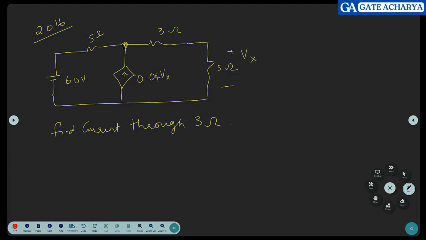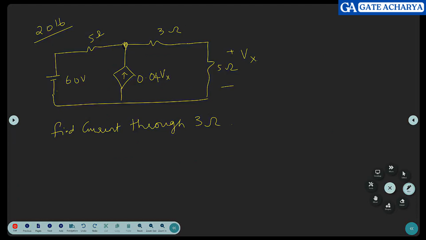Node 1, V1, like that you can give a name. How will you write? What is the equation? V1 minus 60 divided by 5 plus... is it plus or minus?